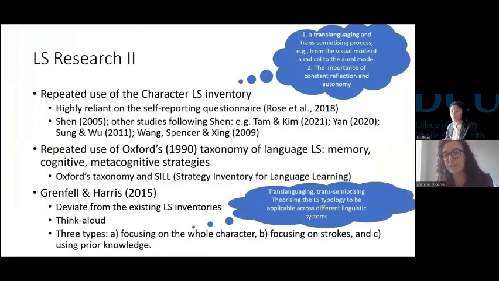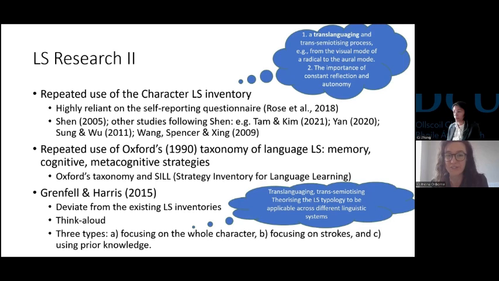Of those studies that have focused on character learning strategies, we see that there's a high reliance on the self-reporting questionnaire. We know that has certain limitations as well in terms of self-reporting. Shen, for example, and other studies have followed on from Shen, but they're also heavily reliant on each other.